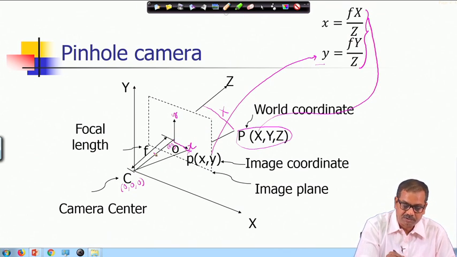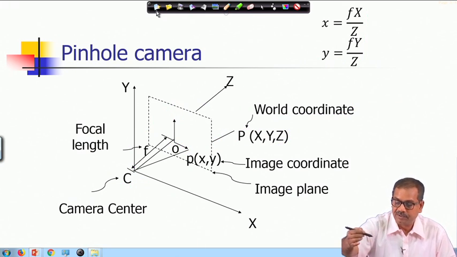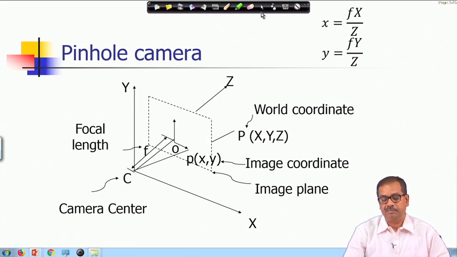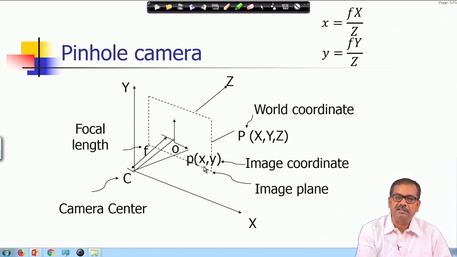This length is f, and this length in the coordinate system is Z. So, it is f X by Z. Similarly, y is f Y by Z. This is how we map a three-dimensional coordinate point to its corresponding two-dimensional image point. You see that we are using actual scene coordinates for which this image has been formed. So, if I give you X, Y, Z, it is very easy to get this point x and y, but the inverse is not true.